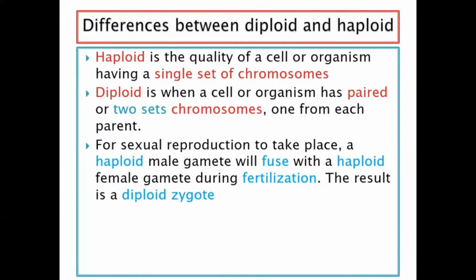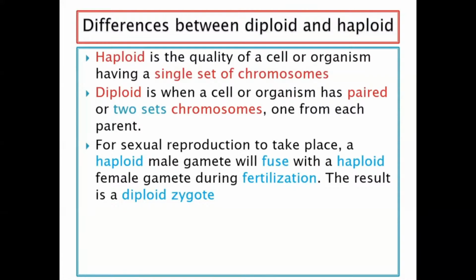For sexual reproduction to take place, it must include the gametes. What happens? A haploid male gamete, if we are talking about humans, we're talking about sperms, will fuse with a haploid female gamete. When you say a haploid male gamete, the gamete will have half of the chromosome number of the male.